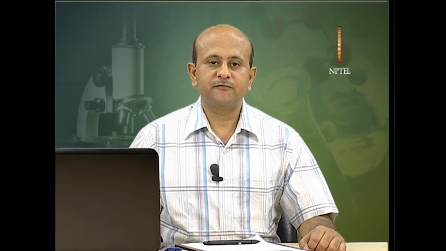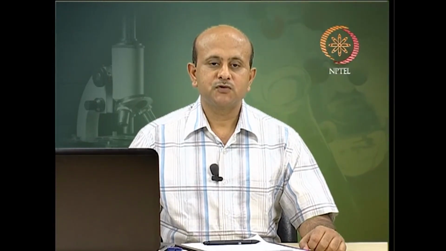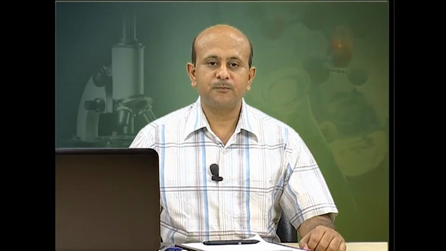Different types of detectors are used, as we will see, and the chart recorder gives the readout. Samples could be collected in a fraction collector if you want to purify or analyze them afterwards.